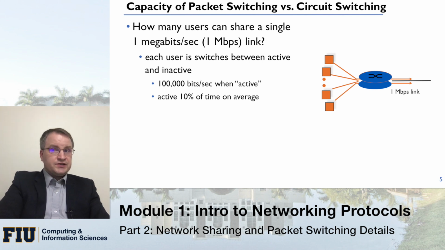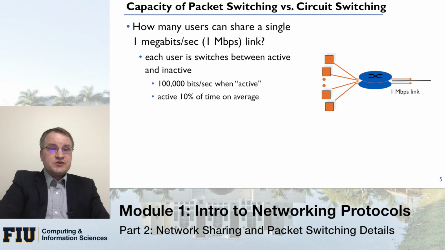Given one shared link of 1 megabit per second, which is considered an extremely old link, we want to share this link by as many users as possible. Yet we want to provide some form of guarantee of service for each user, and to add an additional element to this task, the users are not active all the time, and on average they are active only 10% of all allocated time.